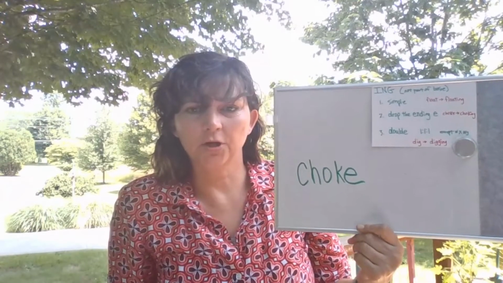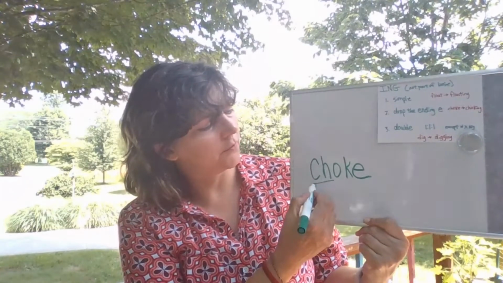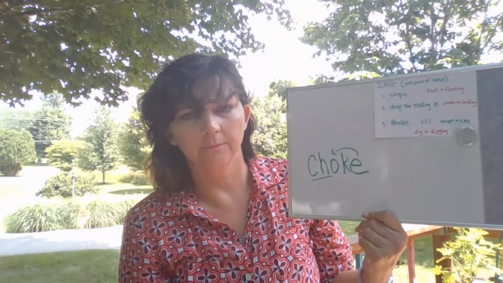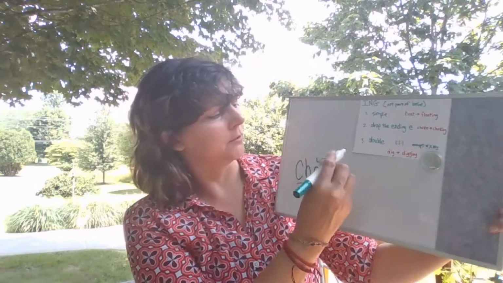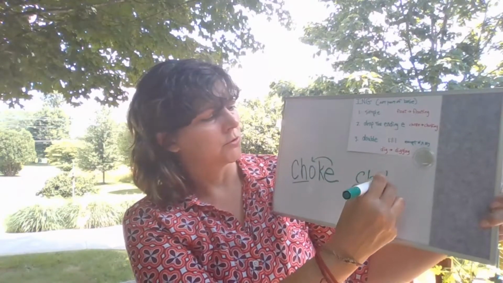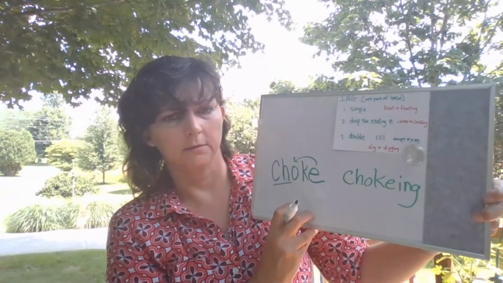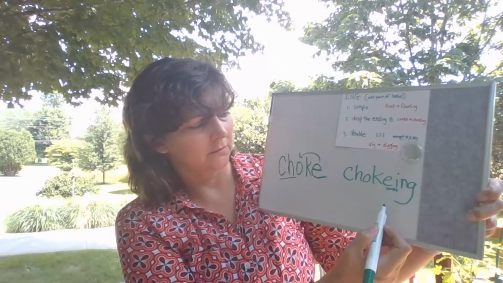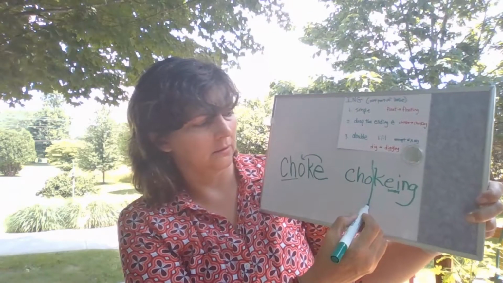Let's try another one. All right, what about choke? Choke. We've got our 2-letter ch phonogram. Our E's got a very important job right there. Well, let's see if it's simple. Choking. All right, so is that a 2-letter phonogram all of a sudden? Right, we know we need to split it here.